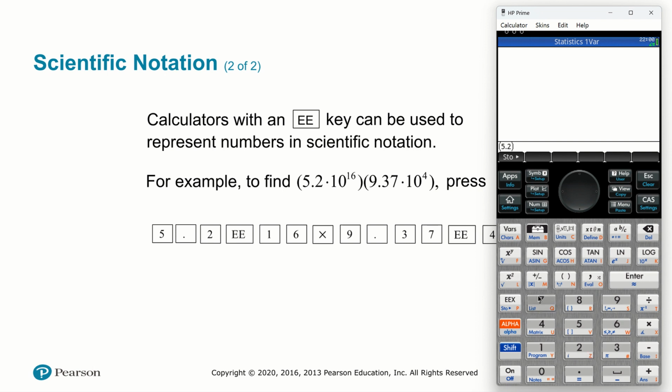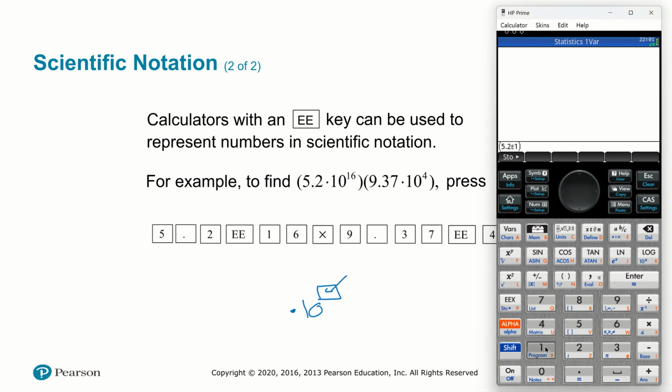Now notice that on this calculator, which is the HP Prime, it says EEX, right? So we click that, you get an E on the screen. So what the E represents is times 10 to the power of, and instead of typing the times 10 to the power of, you just type in the exponent and the calculator takes care of the rest.